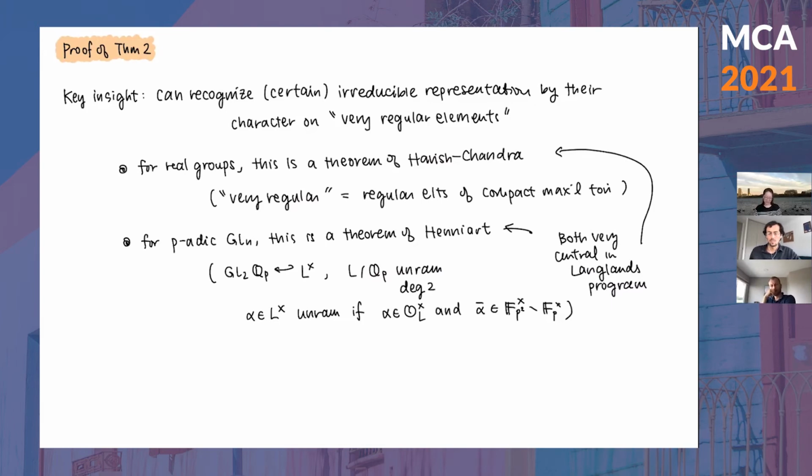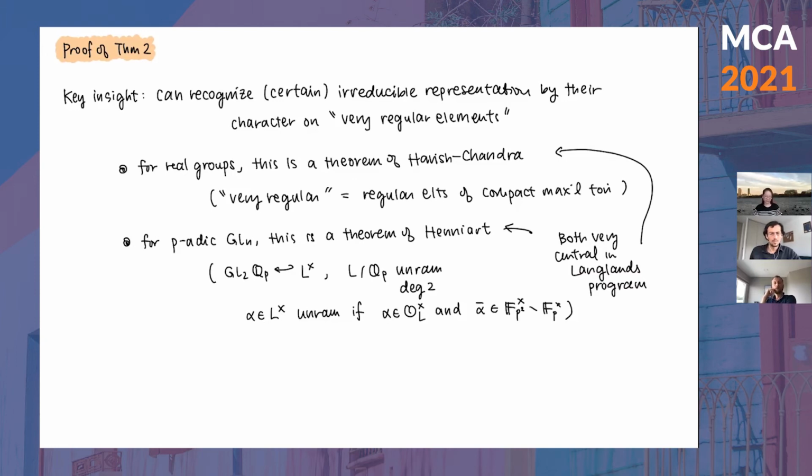This is a celebrated theorem of Harish-Chandra, where he said that the discrete series representations can be recognized by just looking at the character on regular elements of compact maximal tori. And this result was very important because this is what Langlands used to do the Langlands program for real groups.